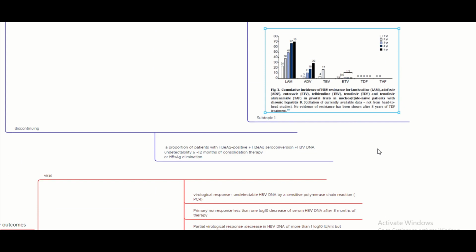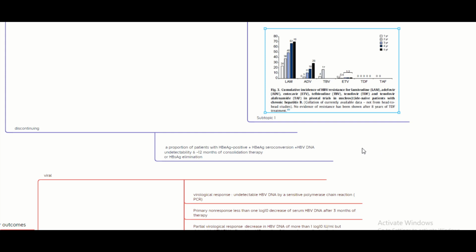A question that has been discussed lately is when to discontinue the treatment. Some patients may stop the treatment if they are HBe antigen positive with seroconversion and have undetectable HBV DNA for more than a year.